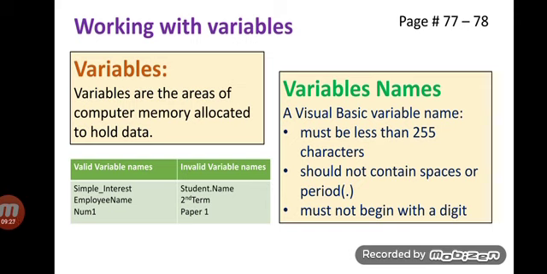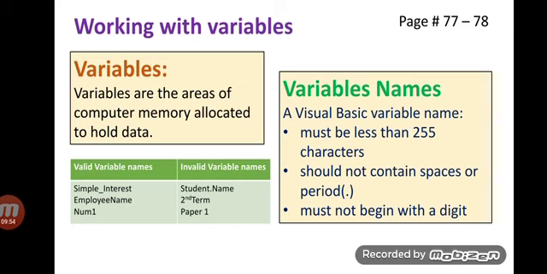So next we have working with variables. Working with variables means how you create variables. Variables are areas of computer memory allocated to hold data. A variable is nothing but a name given to a storage area that our programs can manipulate.